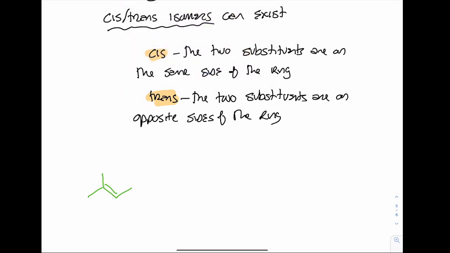I just want you to see kind of why. There's hydrogens on the ends too, but I'm not including those. The other way I could do it, this time I'm going to put my hydrogens in those positions.